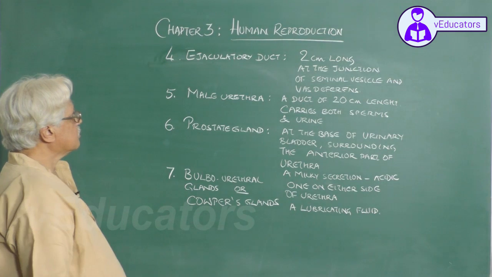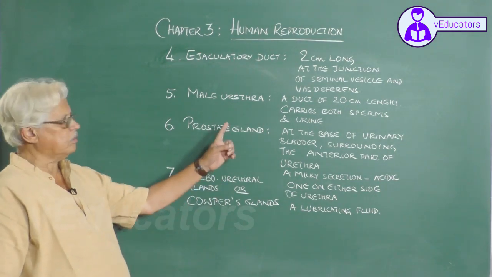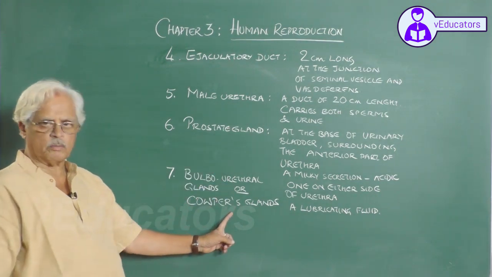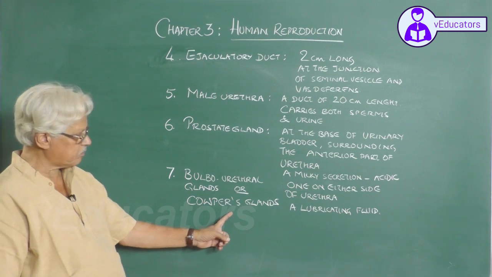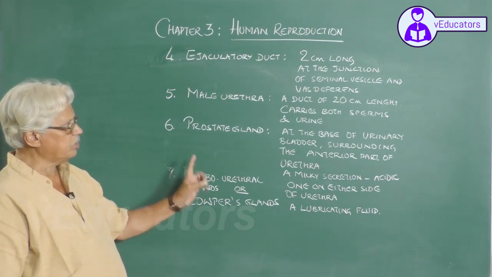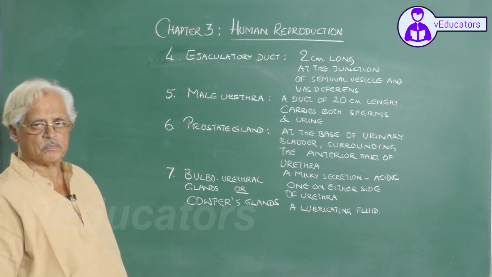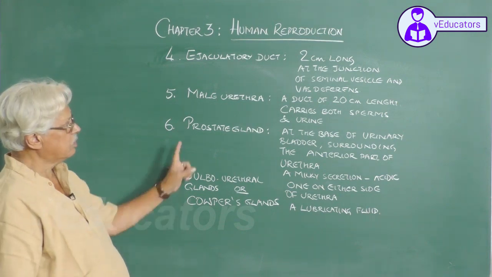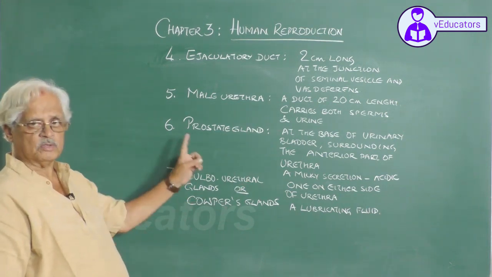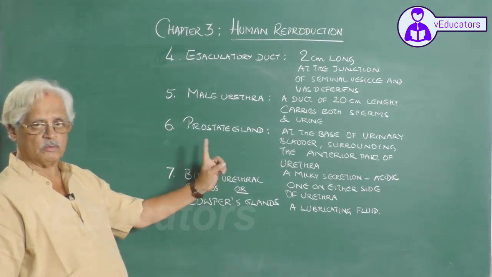So these are the parts of the male reproductive system. You are now going to see a diagram which shows all these parts of the male reproductive system.